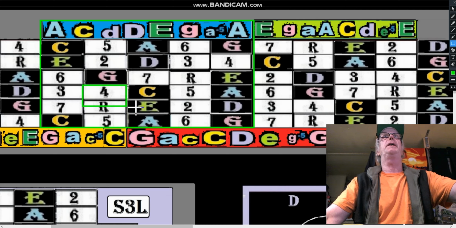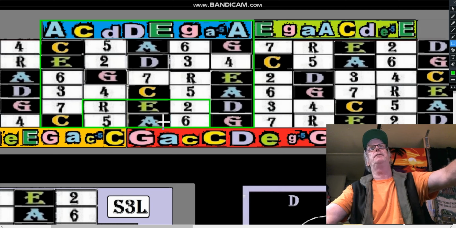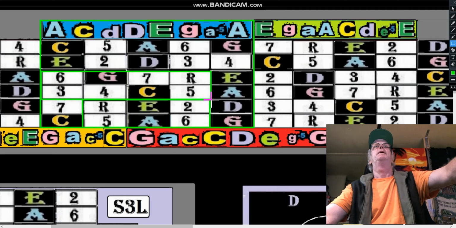A has a nice... Okay, wait a minute. I hope I'm not getting in trouble here. No, that's not an S3S right there. We have the top of an S3S right there. The top 2 strings of a stack of 3 short right there. In A, then we go to our nice A shape up here, and then with the warped over up here we have the bottom 2 strings of an S3S.